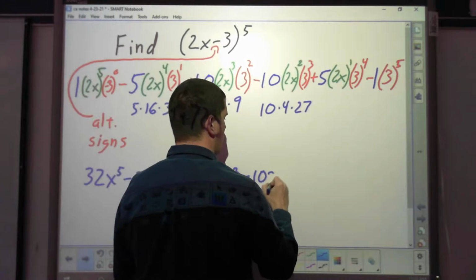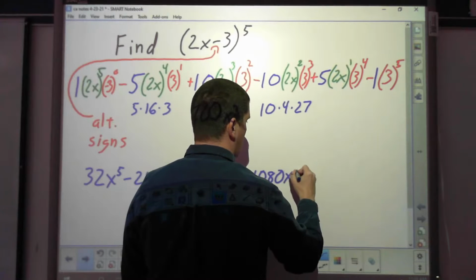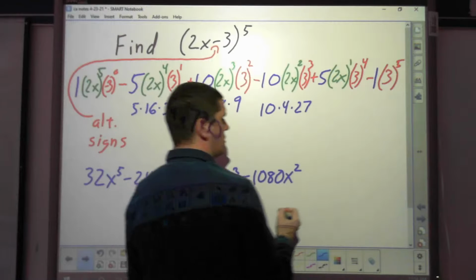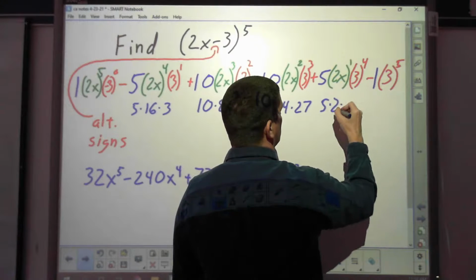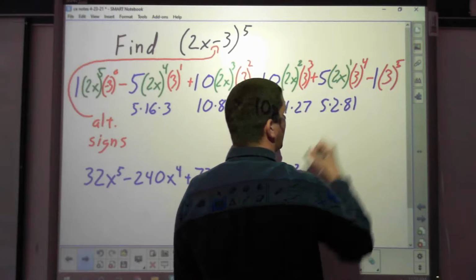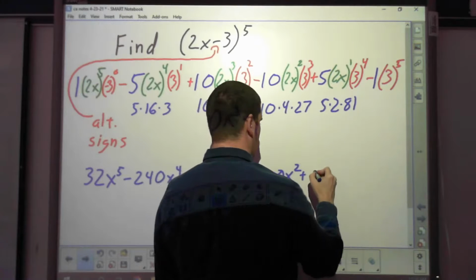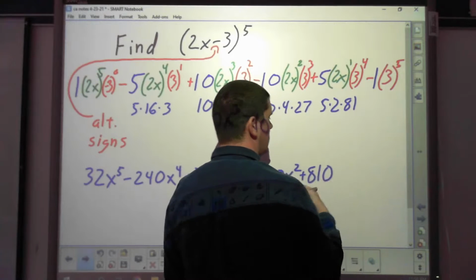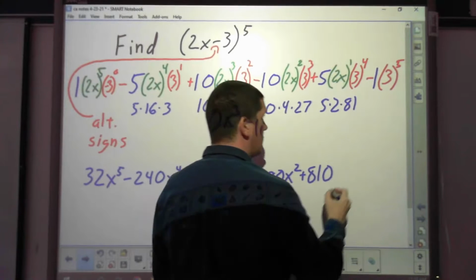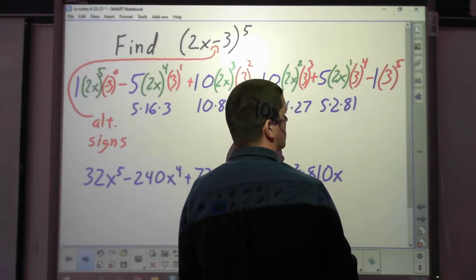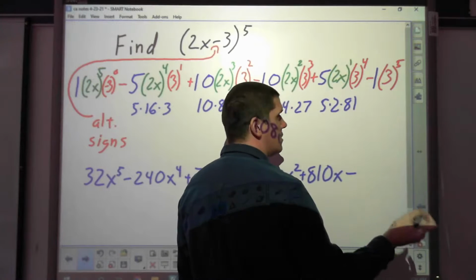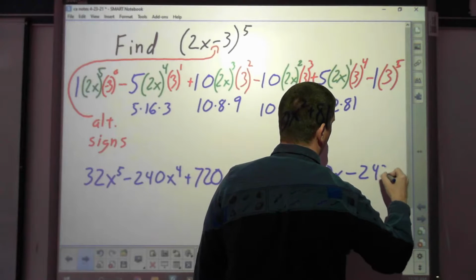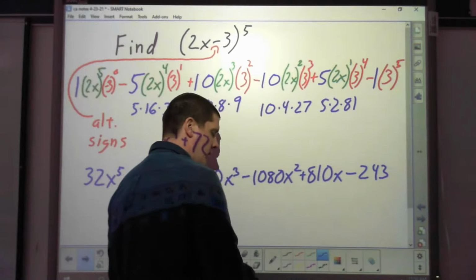So 1080 x squared plus 5 times 2 times 81. So that's going to be 810 x minus, and then 3 to the 5th is simply 243. No x.